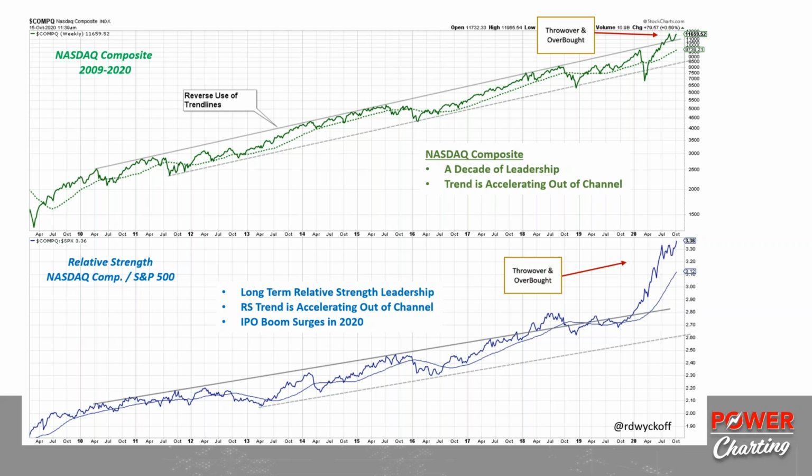Well, just looking at the lower chart, which is relative strength of the Nasdaq composite to the S&P, it's really similar to the chart we looked at before, but what I really want to express to everyone is look at the rising trend of relative strength in the Nasdaq compared to the S&P. That is what I'm talking about, that we've been in a growth stock boom since 2010, 2009.